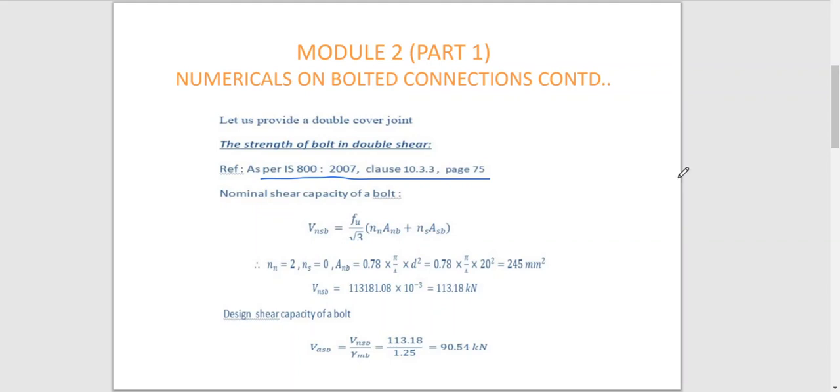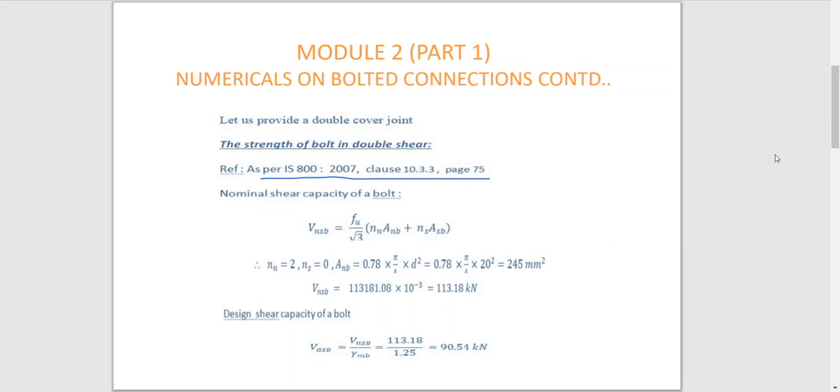In this case, as it is a double cover butt joint, there will be two shear planes. Again, I am going to assume the two shear planes fall in the threaded area, not in the shank area. You can also assume one plane in the threaded portion and another in the shank portion, there is no problem. But I have assumed the two planes in the threaded area.